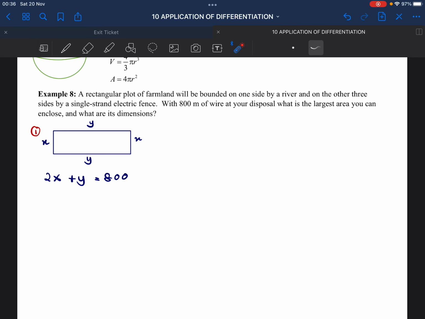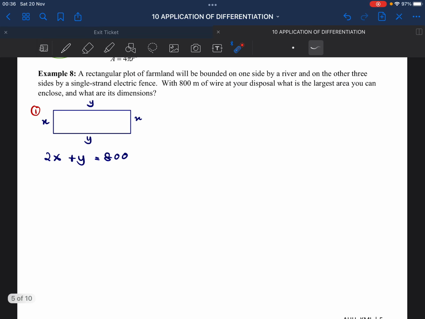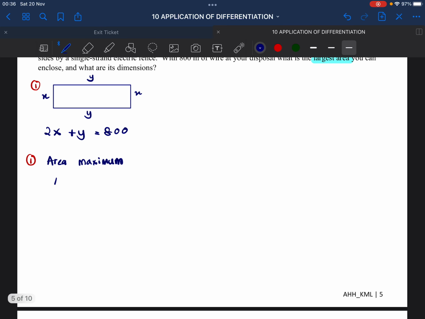Okay, very simple. So the second step here, the question said what is the largest area you can enclose and what are its dimensions. The largest area, that means for the second step, the question wants the area to be maximum. So you have a rectangle, and the formula for area is A equals x multiplied by y.